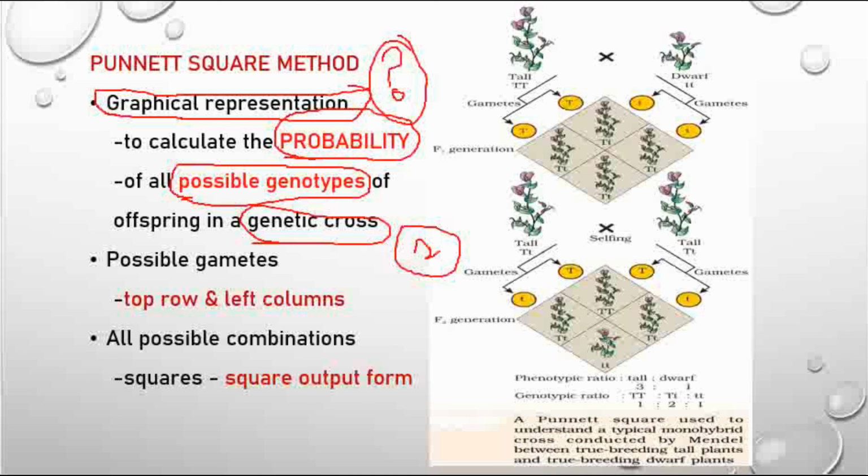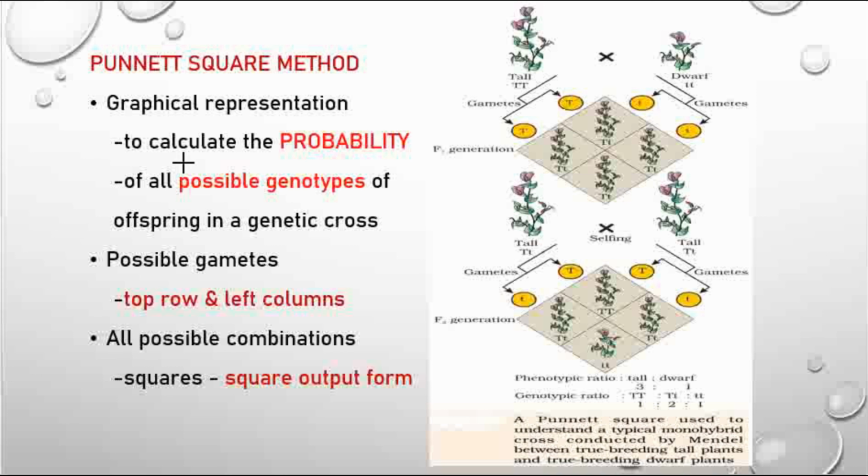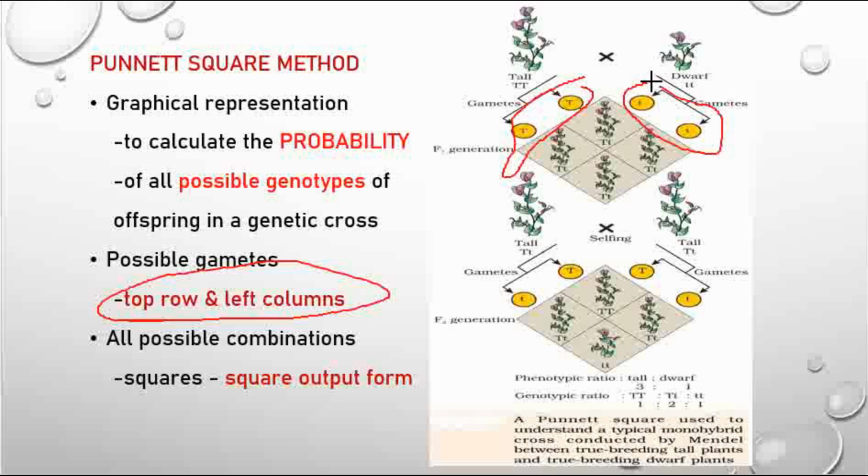So how they write in this Punnett square: the possible gametes are written on the top row and left column. As you can see in the picture, they have written it this side. The capital T, tall, they have written in the top row, and in the left column you can see the small t.